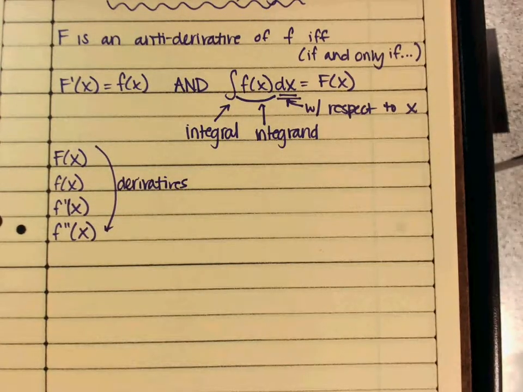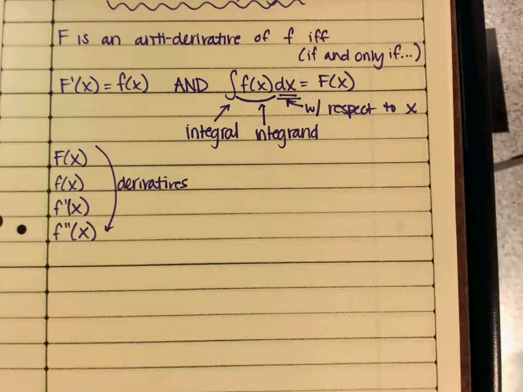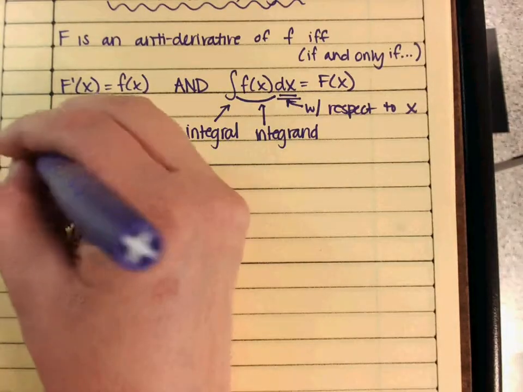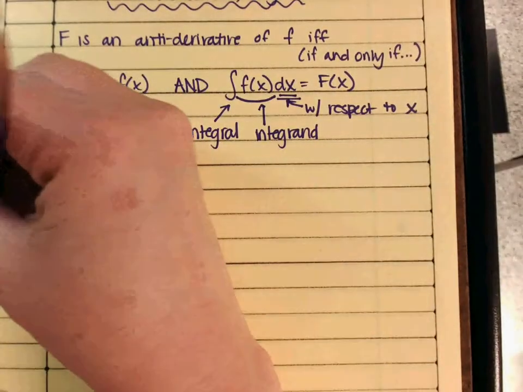Then when I do an antiderivative, I would be going up that list. So this is what I mean by that. If I have f double prime, what's the antiderivative? F prime. Then the antiderivative of that would be f. Then the antiderivative of that would be capital F. Very clean, yes. Okay?